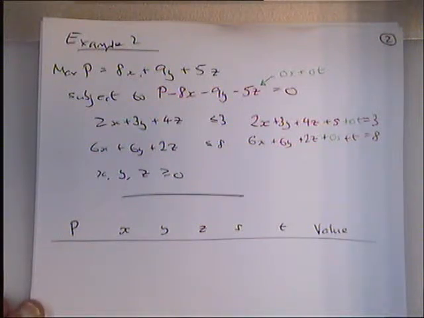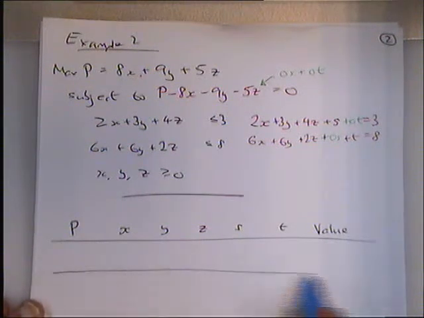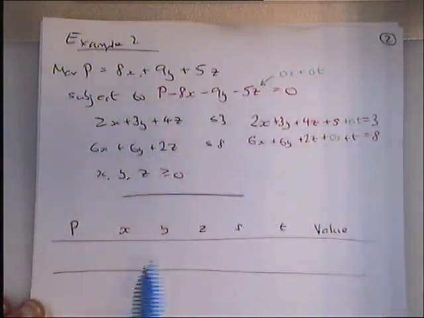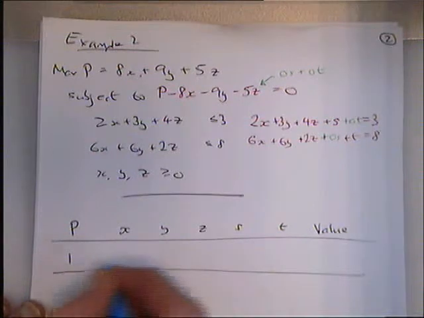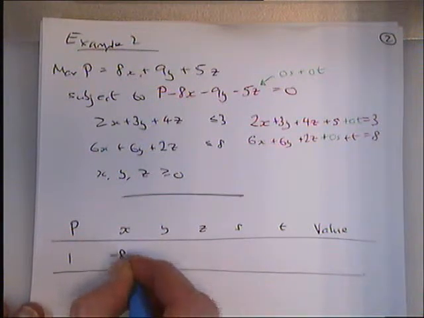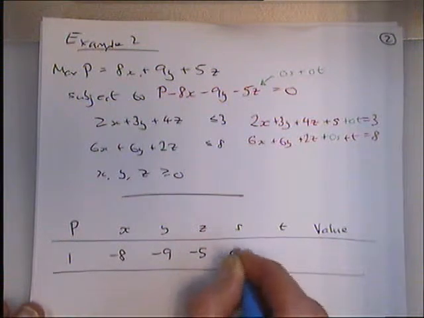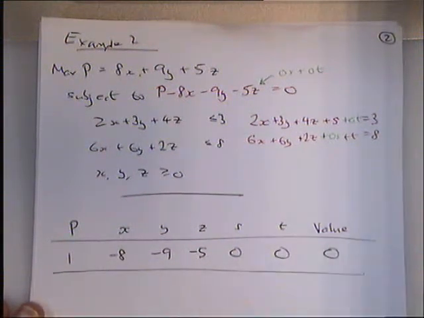Adam, can you tell me what entries I will put in my first row, reading left to right? The first thing, it will come from the objective function here. That's right, yep.